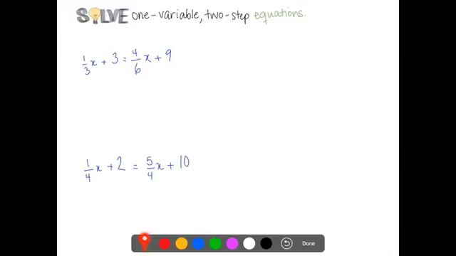And the only way to do that, and this is where your knowledge about what is actually happening comes in handy, is that we know this is the same as 2/6 times x. Once you realize that, then you know that what you have to do to detach these two from being together is to divide each side by 2/6.